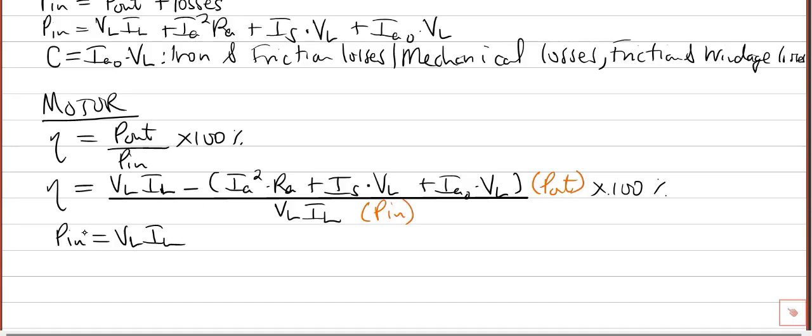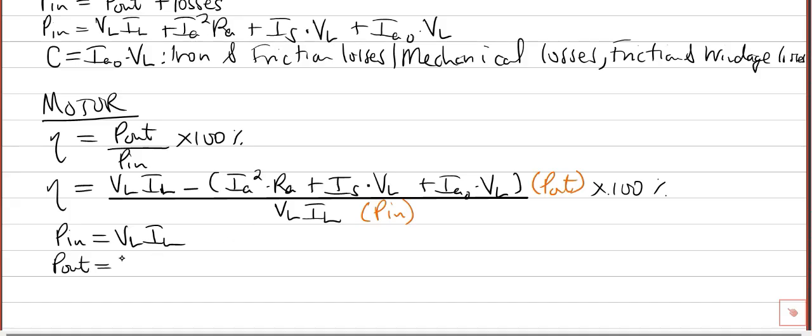You will see the same trend here, where our input power VLIL is also represented there. So for our output power, P out, we have our input power minus, referring to this sign, our different losses.